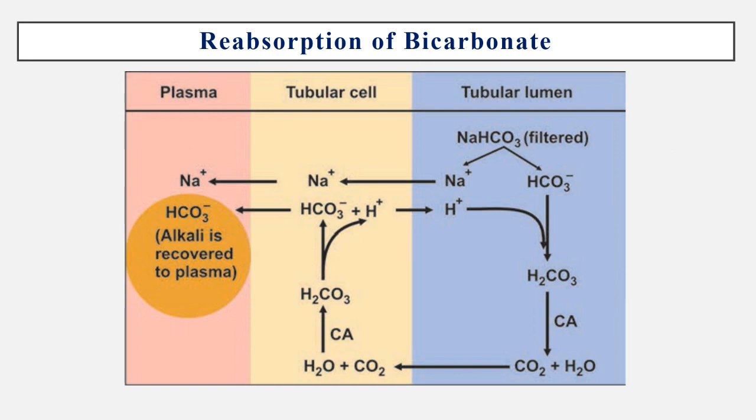See here, water and carbon dioxide combine to form carbonic acid by the enzyme carbonic anhydrase. This carbonic acid dissociates to form H+ and bicarbonate. This H+ enters into the tubular lumen, and again it combines with bicarbonate to form carbonic acid.